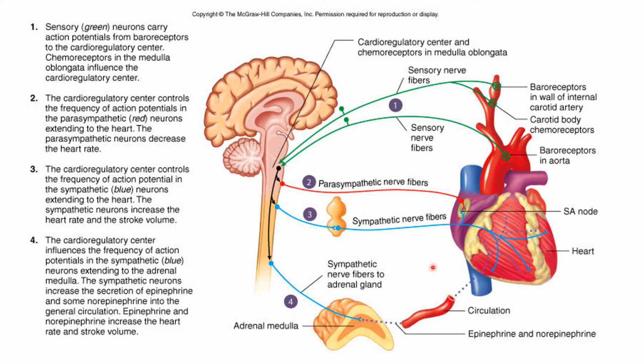The cardioregulatory center also influences the sympathetic neurons extending to the adrenal medulla, which increase the secretion of epinephrine and some norepinephrine into the general circulation. The presence of epinephrine and norepinephrine increases the heart rate and stroke volume.